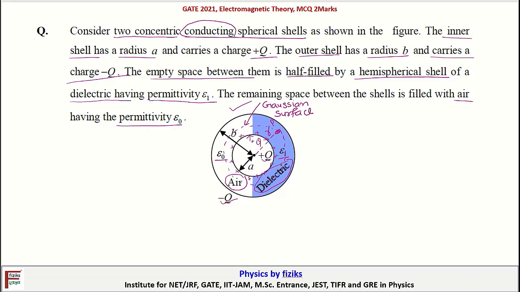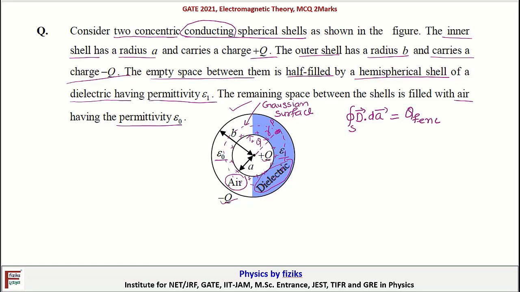Now we cannot use charge enclosed as epsilon naught E dot dA because we don't know the total charge. So we will use this equation in terms of D vector. That is given by D dot dA, and this must be equal to only free charge enclosed.